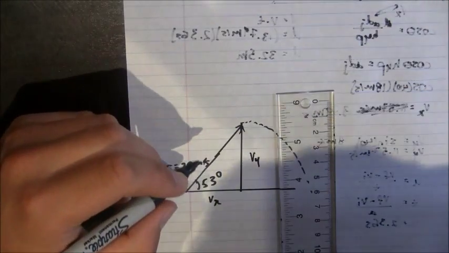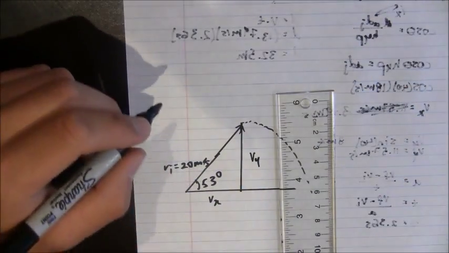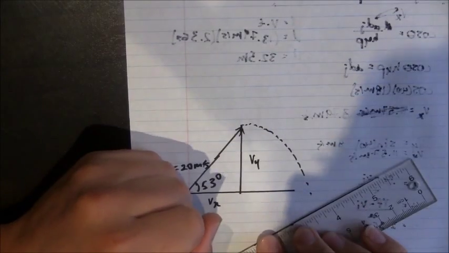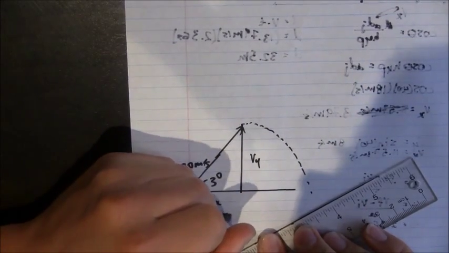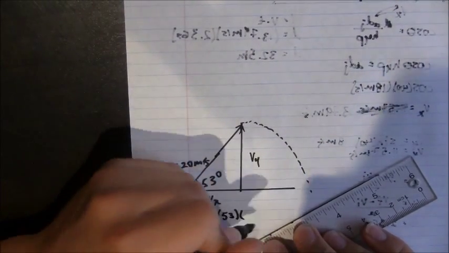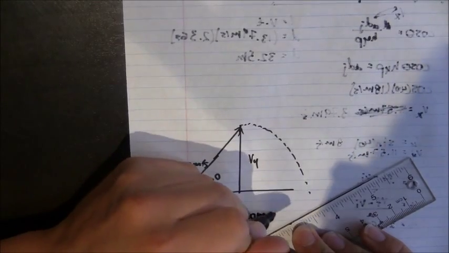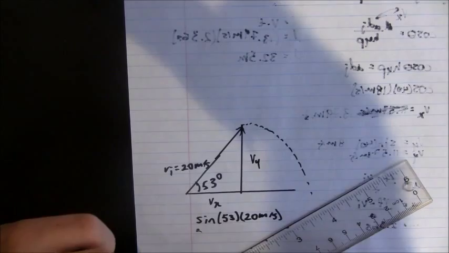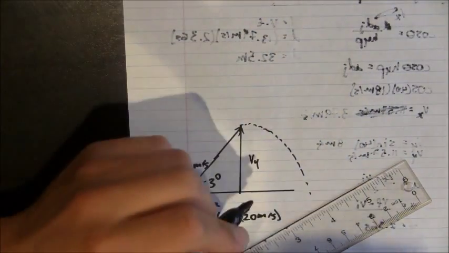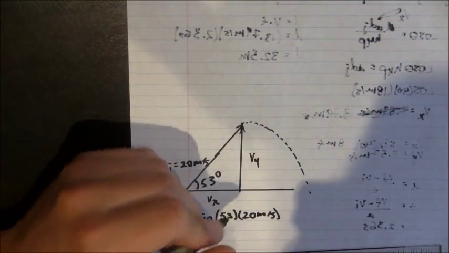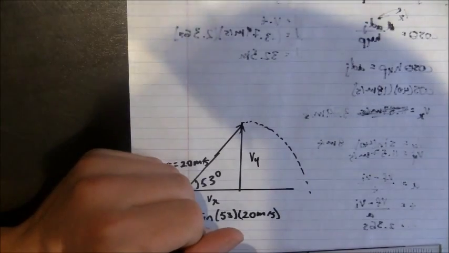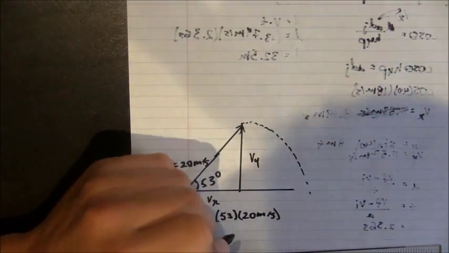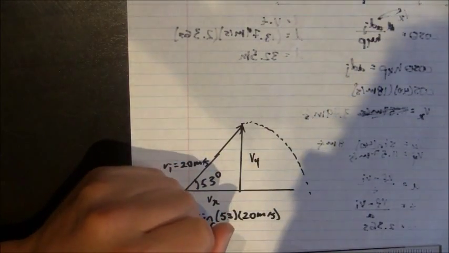Let's break this down. Let's say the sine of 53 times 20 meters per second gives us our vertical component, and that will be 15.9 meters per second.